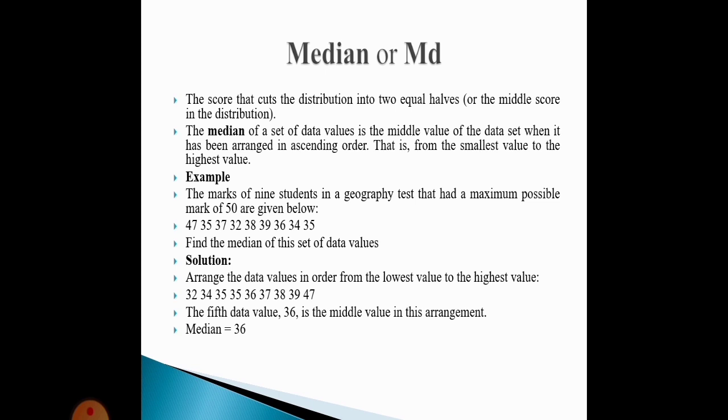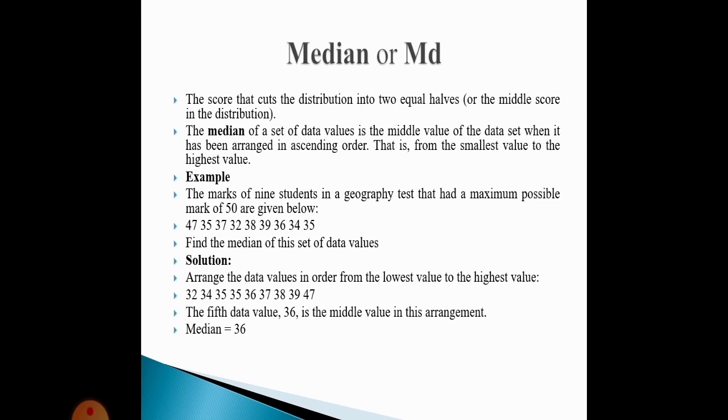Median, or MD. The score that cuts the distribution into equal halves, or the middle score in the distribution. The median of a set of data values is the middle value of the data set when it has been arranged in ascending order, from the smallest value to the highest value.